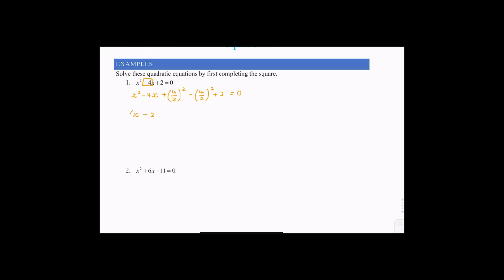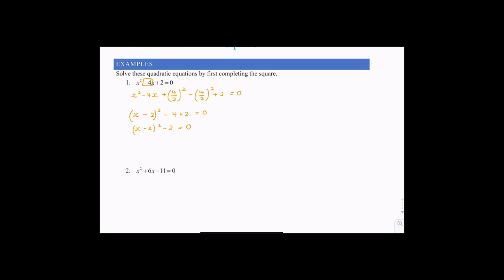So that goes into the brackets and it's squared. And then I'm minusing 4 divided by 2 is 2 and 2 squared is 4, plus 2 equals 0. So now I've got x minus 2 all squared, and -4 plus 2 is -2, and that equals 0.